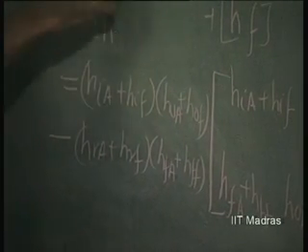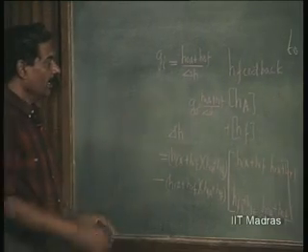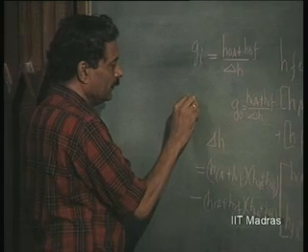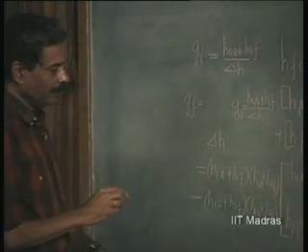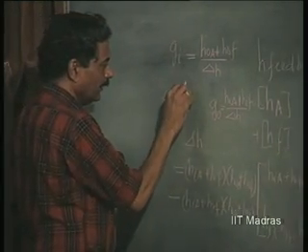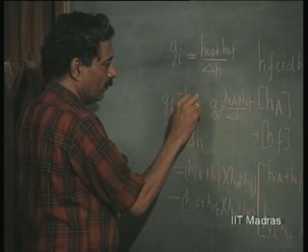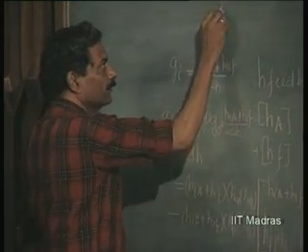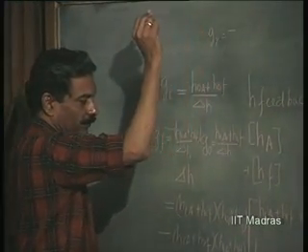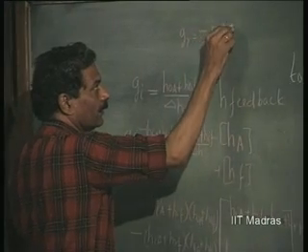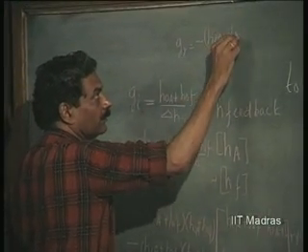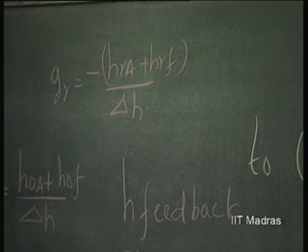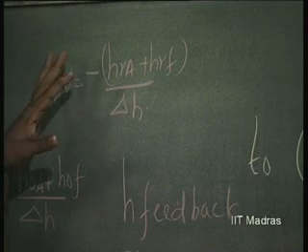So, G I and G O get modified, and G F is going to be minus (H F A plus H F F) divided by delta H, and G R is going to be minus (H R A plus H R F) divided by delta H. So, this is nothing but the matrix inversion, right.